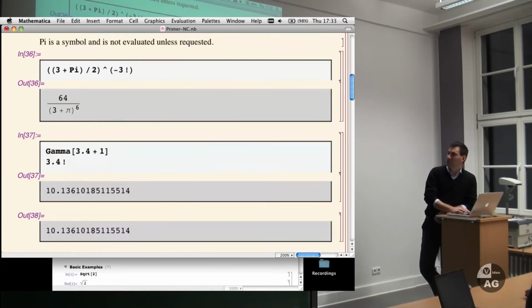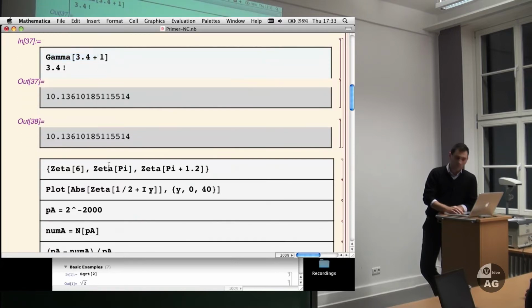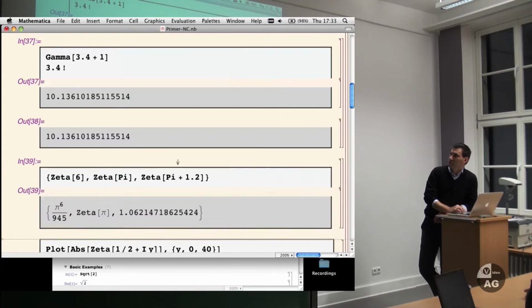This is the generalization of the factorial. So if you have a factorial of a non-integer, that's the gamma function. Okay, so you can do all of these things. And notice that there is no approximation so far.